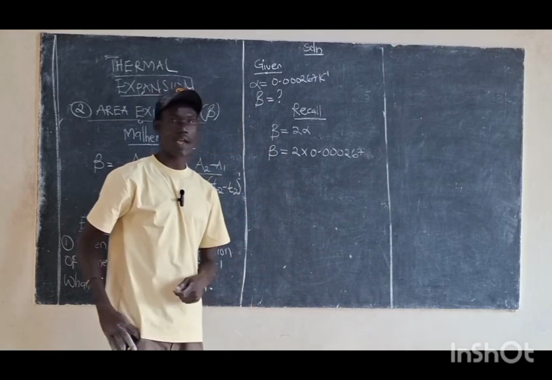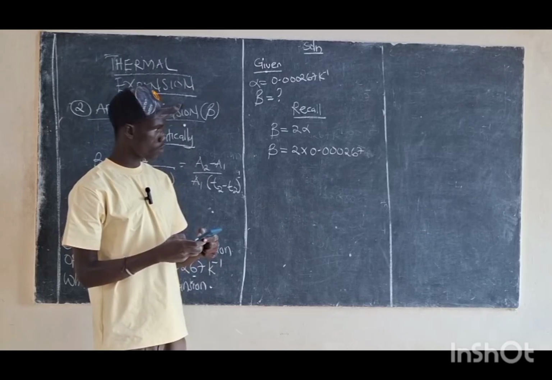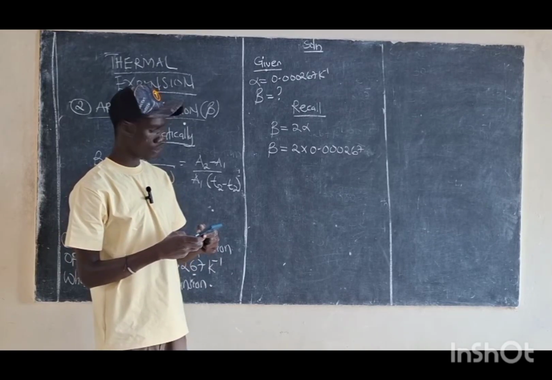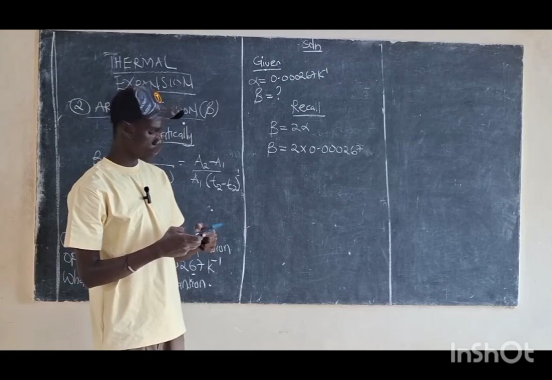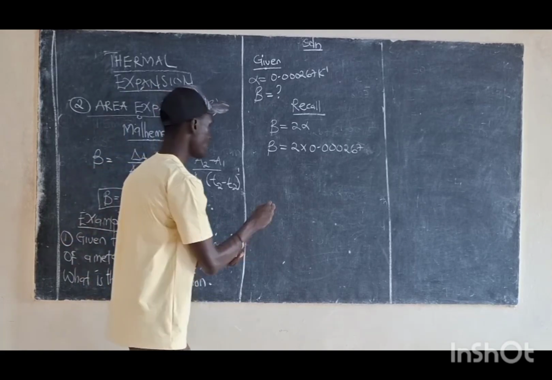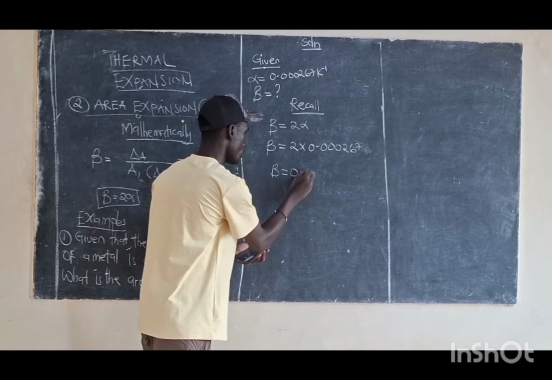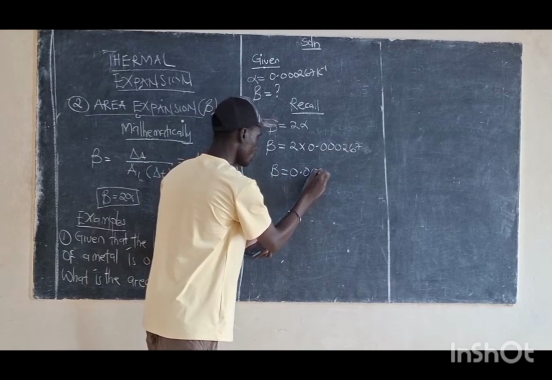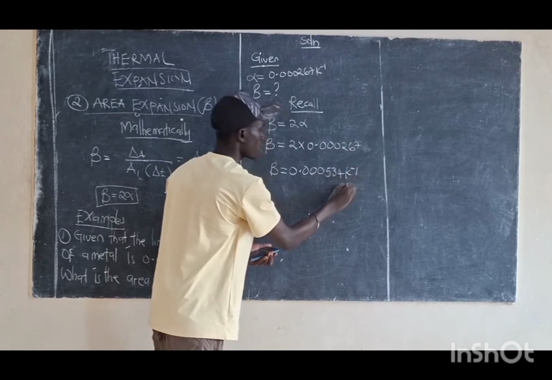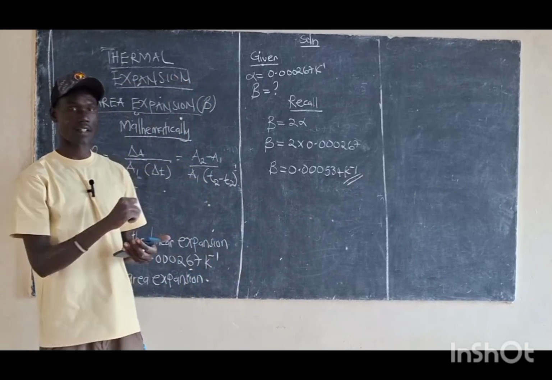So we multiply through, 2 times 0.00267, and we get our beta as 0.00534 per Kelvin. And that is our answer for example 1.